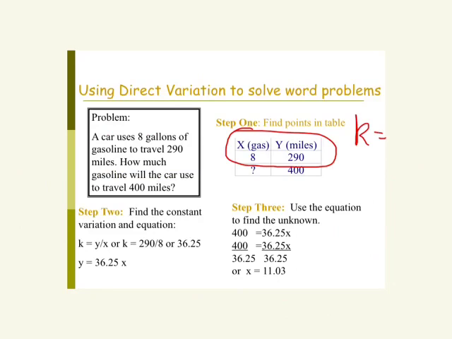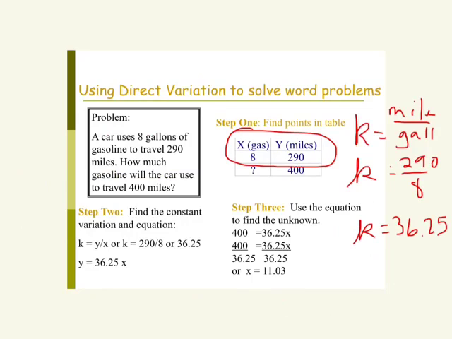So k in this case, if we're going to take miles over the gallons of gas, we're going to have k is equal to 290 divided by 8, which k in this case would then be 36.25. And so my equation is y equals 36.25 times x.